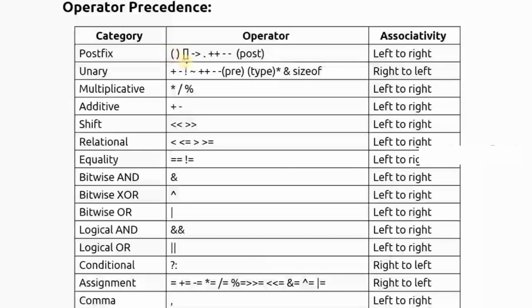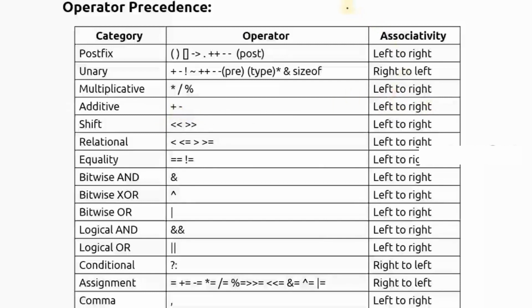Not only that, if I have operators in the same row, like plus and minus, both have the same precedence, so which needs to be operated first? Here you can see associativity is left to right. That means if I have plus and minus, or plus and plus, you need to consider from the left.